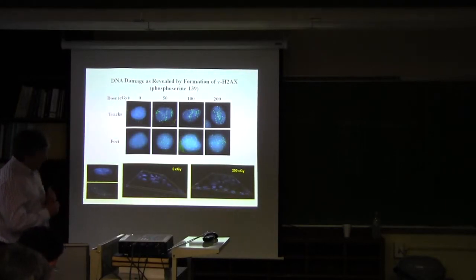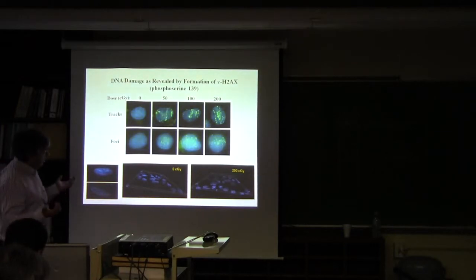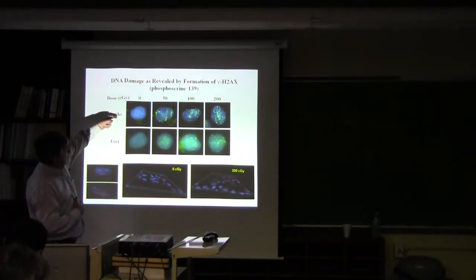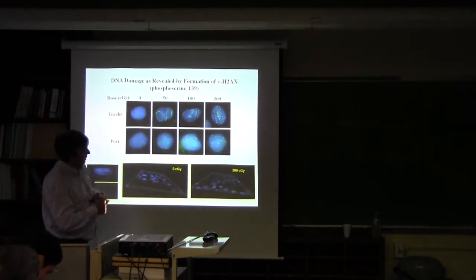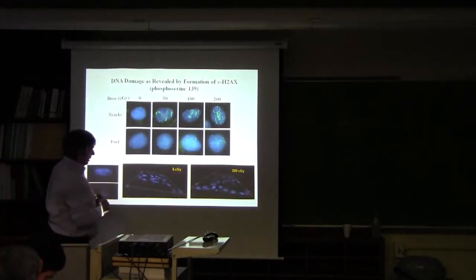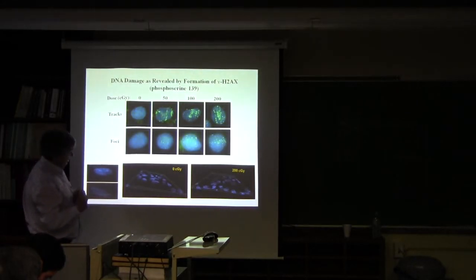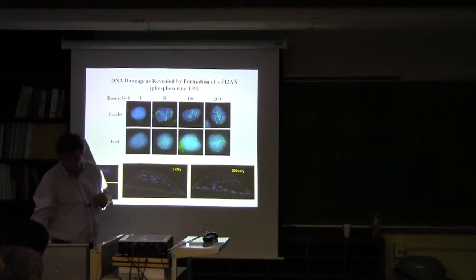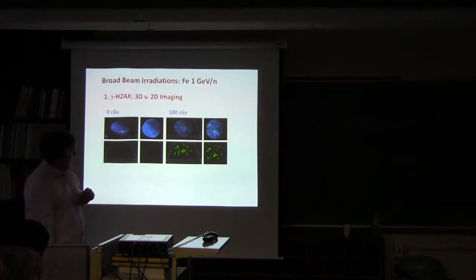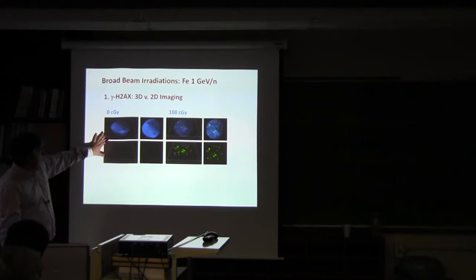But basically, with this software and a good microscope, in which you can track horizontal or vertical irradiation, in this case horizontal, you can see the foci here. You get images and stacks, and you can make a reconstruction of the nucleus and see the tracks more completely. For example, this is a control.